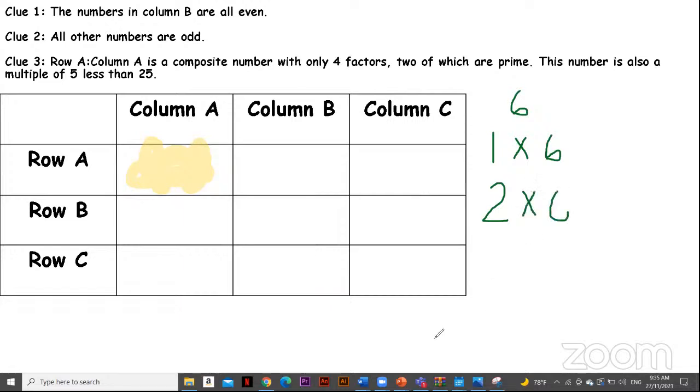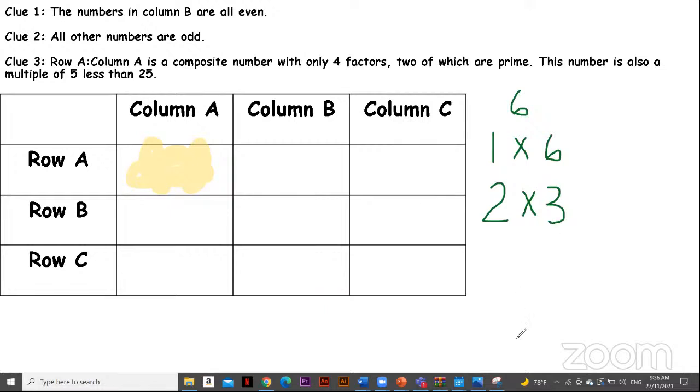Whenever we're doing things like this and we want to determine the factors, whenever we are about to repeat any of the factors, even though it is a different multiplication, once we're about to start switching up factors, like for example, I could have 3 times 2, but it's the same 2 factors, that means we will stop listing factors then.